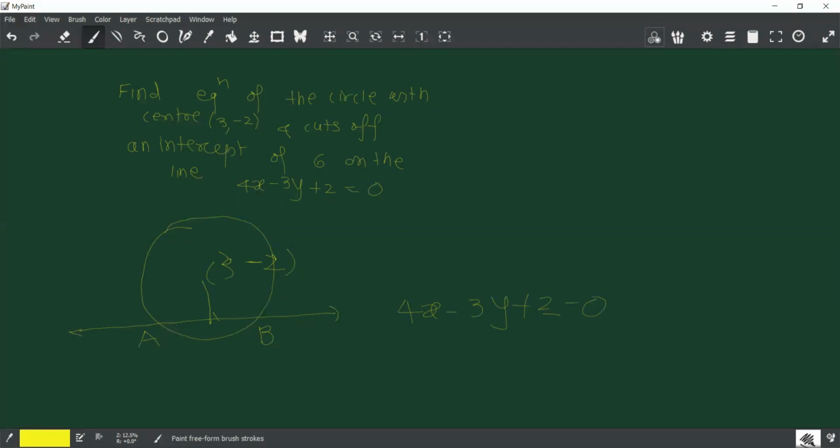अगर ये पूरा 6 है ना तो तुम लोग ये दिस हाफ विल बी 3, और ये लेंथ ऑफ द परपेंडिकुलर निकालो फ्रॉम 3 टू ऑन दिस लाइन. So it's going to be mod of 4 into 3 minus 3 into minus 2 plus 2 upon root of 4 square plus 3 square, that is 25.